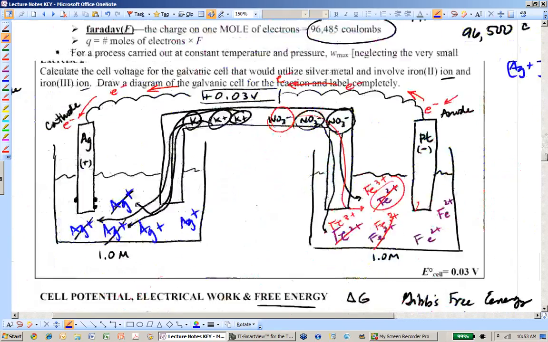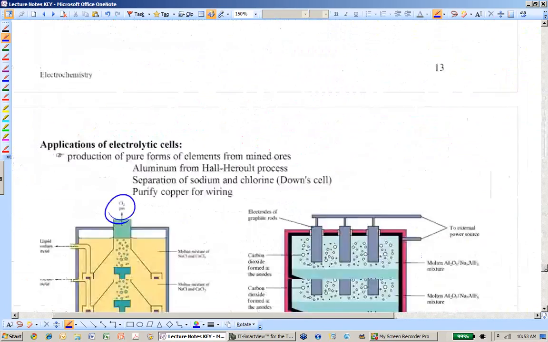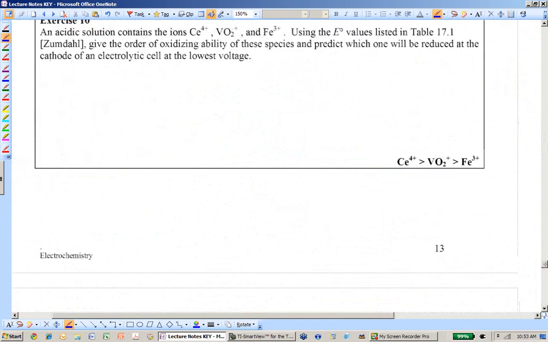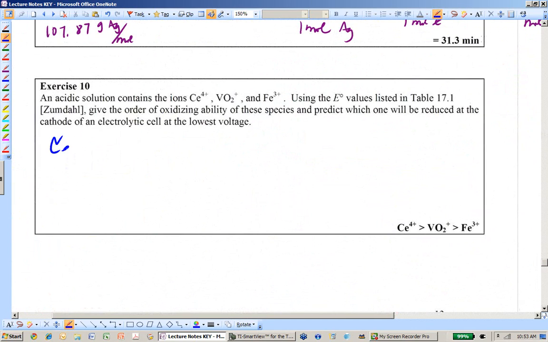So we simply, again, look up those values. So to recap, for Ce4+ ion, it was 1.70 volts. These were all positive. For the VO2+ ion, it was 1.00 volts. And for the iron 3+ ion, it was 0.77 volts.